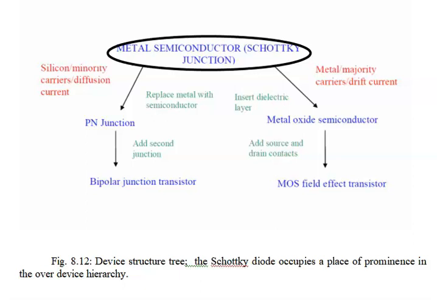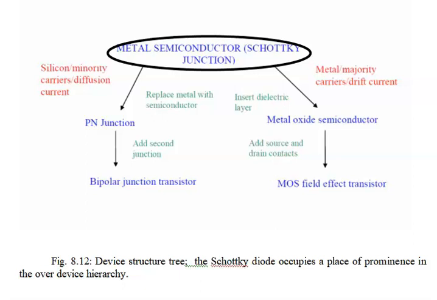On the other side, if we insert a dielectric between the metal and the semiconductor, we get a metal oxide semiconductor. Generally, the oxide is silicon dioxide or glass. And then if we add source and drain contacts, we get the most important device, the MOSFET, the metal oxide semiconductor field effect transistor.